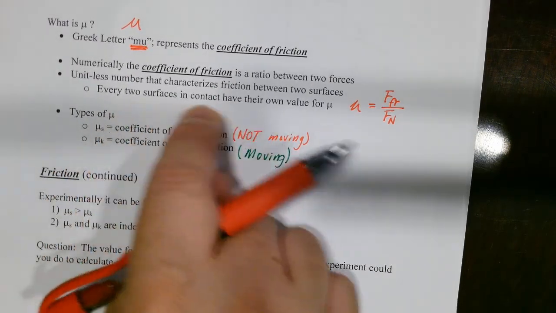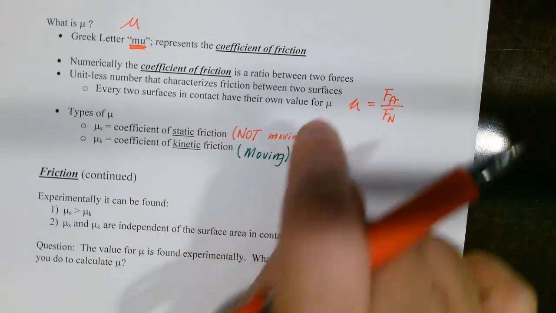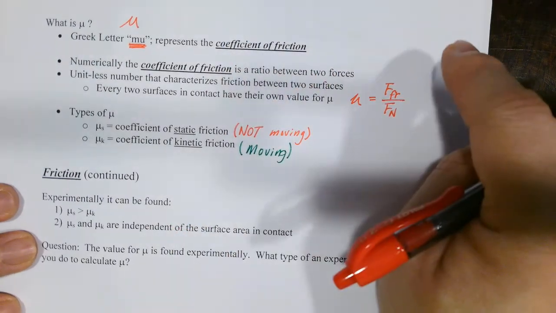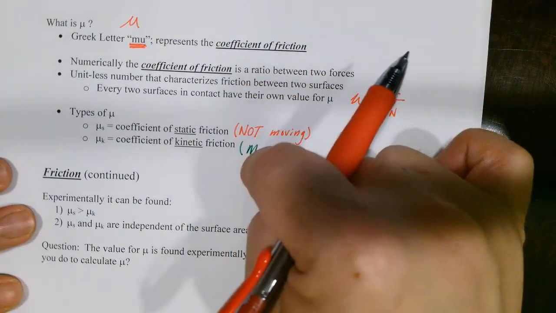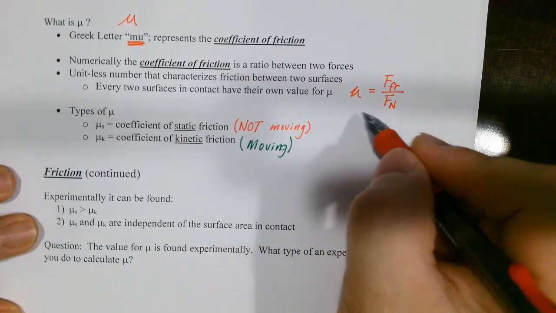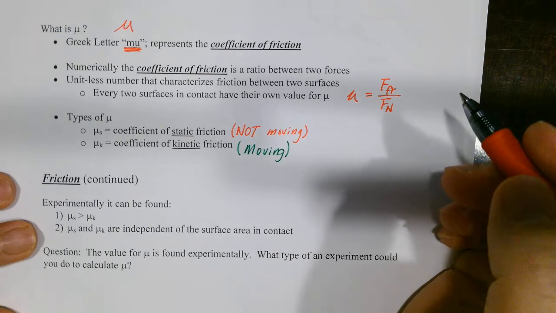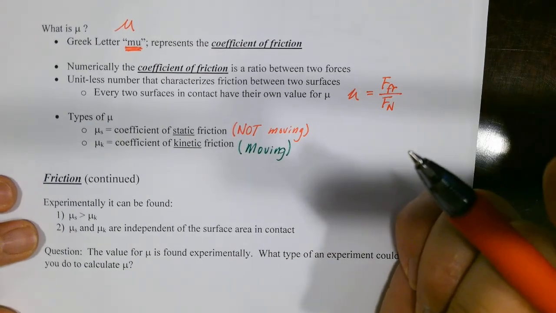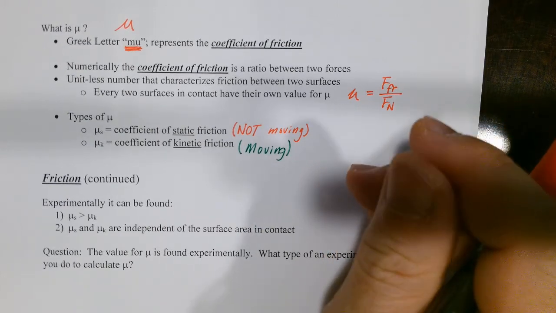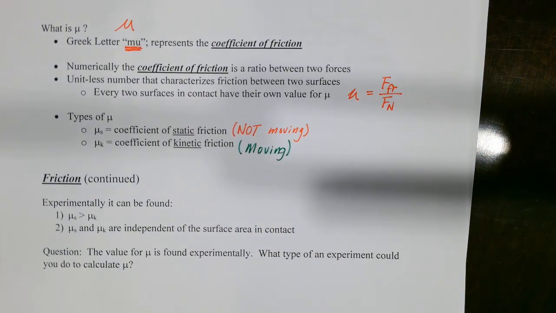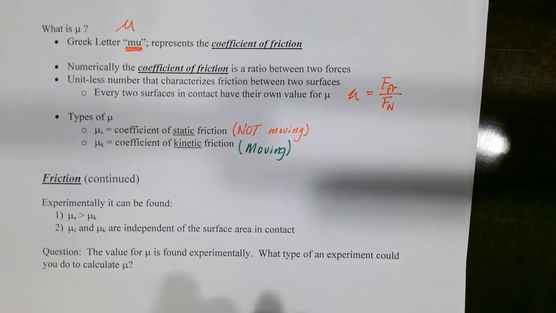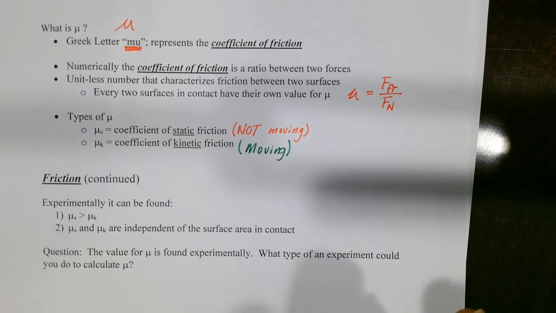Now, every two surfaces in contact have their own value of mu. Okay? Now, the higher the mu, the more resistance. The lower the mu, the less resistance. I always like to think of mu as level of pain, right? Threshold of pain. If you think about when you're taking a shower and you rub your face against a nice smooth tile, all lathered up, you're not going to feel that much pain, right?